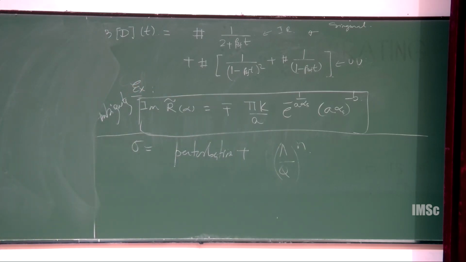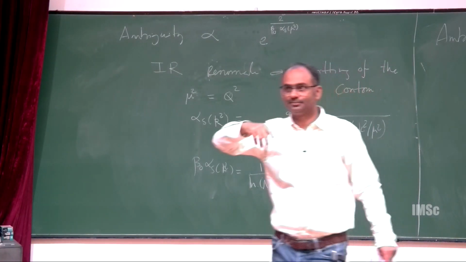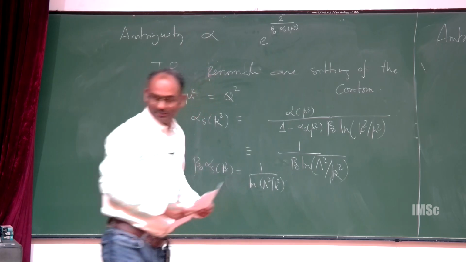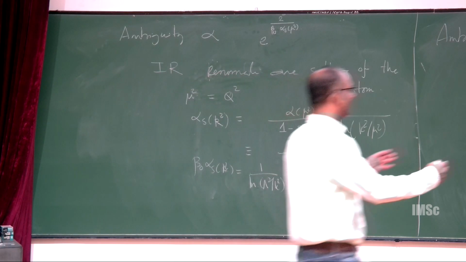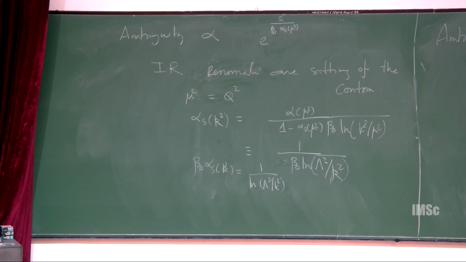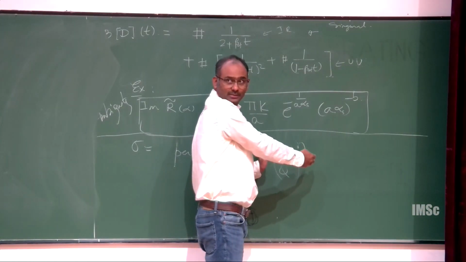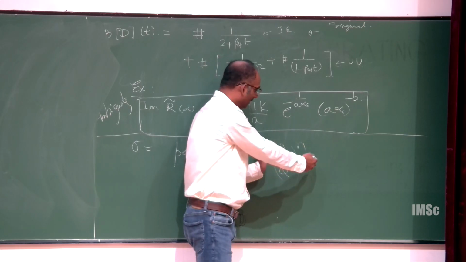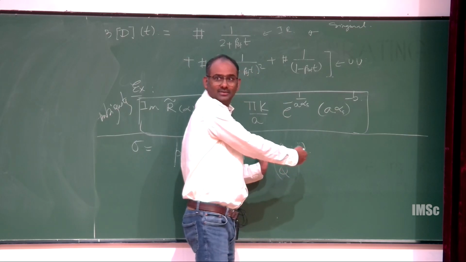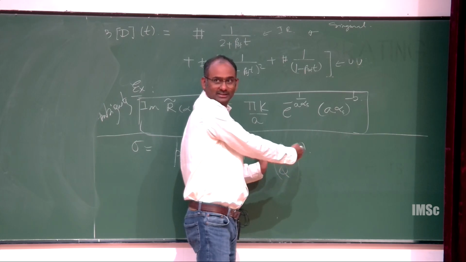Is that okay? This has an essential singularity at alpha equal to 0. So what I am trying to convey is, at some point I said that the observables will have a perturbative component, meaning that you can calculate using perturbation theory, and some things which cannot be calculated using perturbation theory, and I said this will be the form. They could have logs also, but how do I know that this claim is true, that these are non-perturbative?